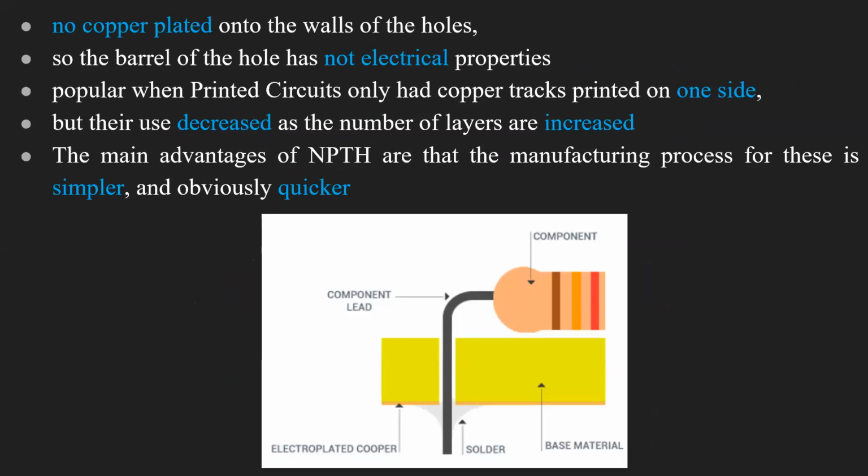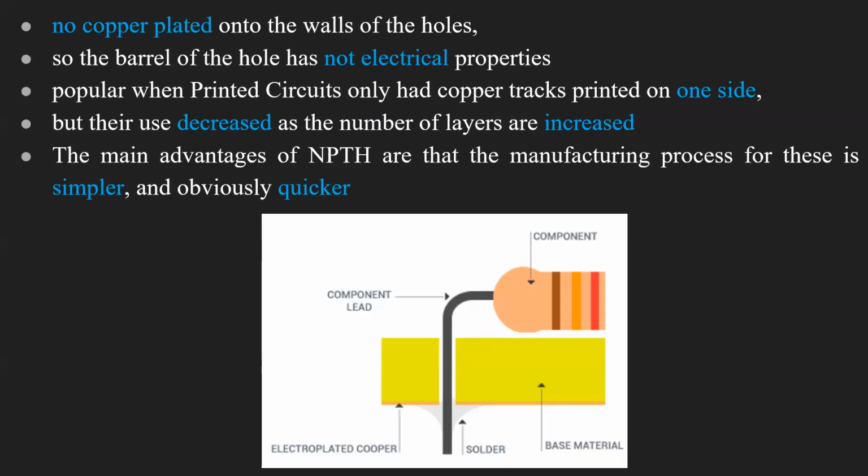It was popular when printed circuits only had copper traces on one side. If you want to make a single layer PCB, which is highly impossible, I'll tell you why. In those cases, designers used NPTH because it is simple, quicker and cheaper than PTH technology.